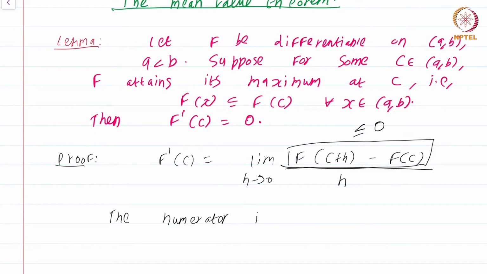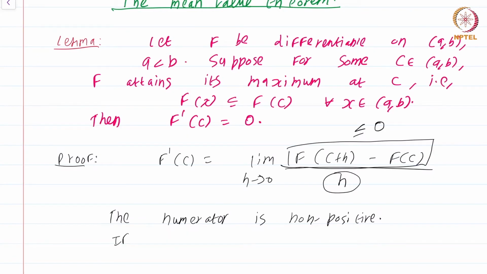So the numerator is non-positive. But the denominator could be positive or negative depending on whether h is greater than 0 or h is less than 0.